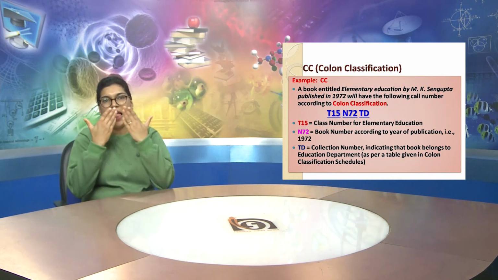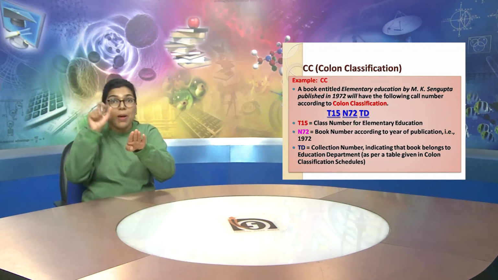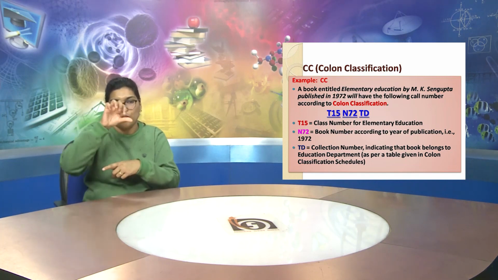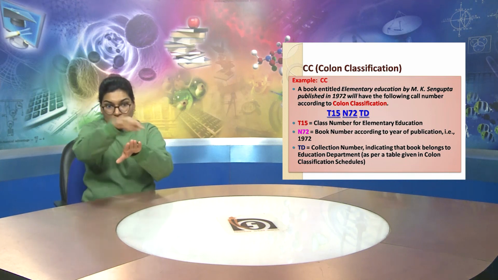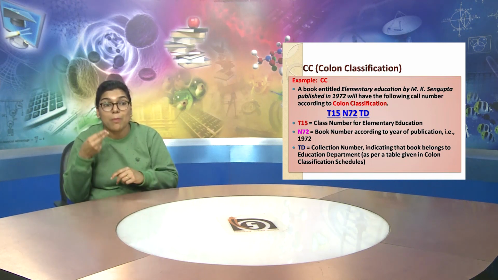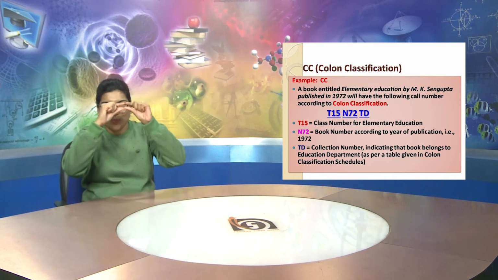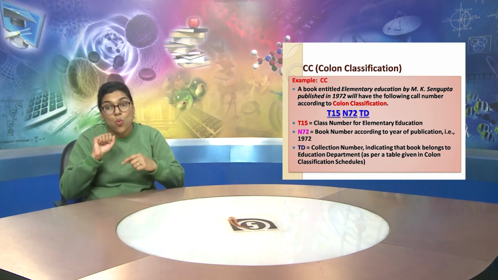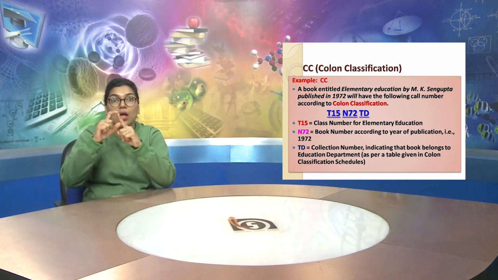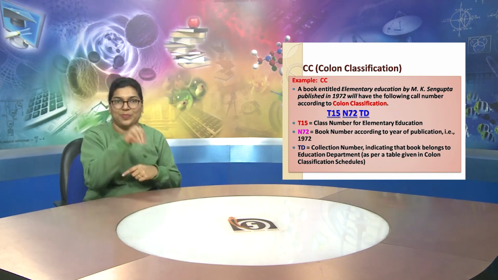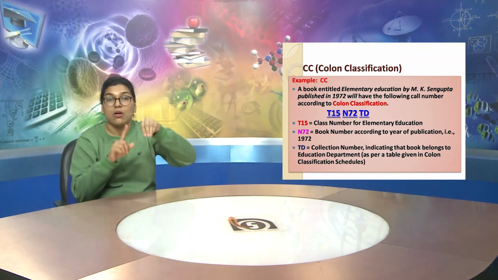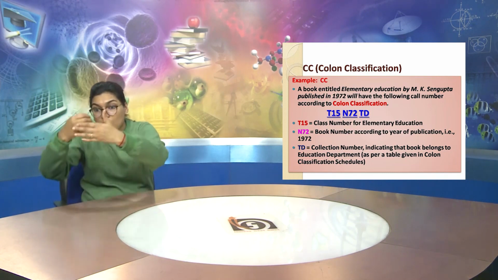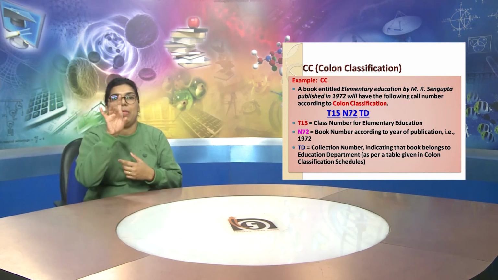Now for example, the book entitled Elementary Education by M.K. Sengupta, published in the year 1972, will have the following call number according to colon classification. Here you can see the blue colored code number. T is the code given for the education subject, and after that number 15 is given for further subdivisions.